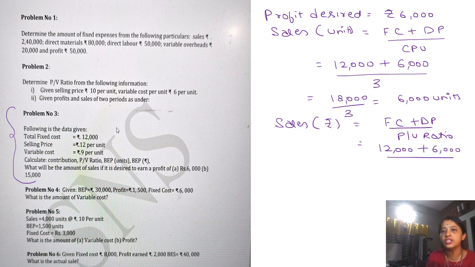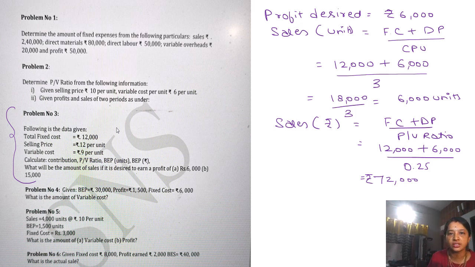How much is your PV ratio? 0.25. So 18,000 divided by 0.25, you get 72,000 rupees. So this is your sales.